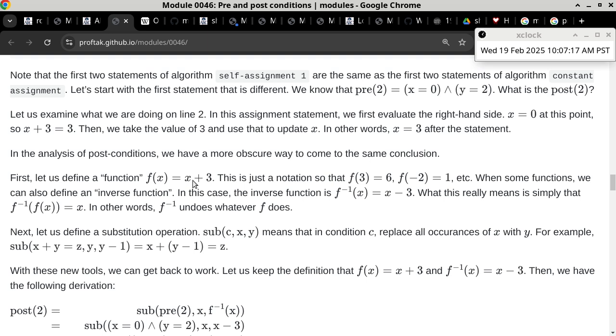All right. So now, the next question is exactly how is an inverse function defined? The way we define an inverse function is we need the application of the inverse function to the function f of x to go back to x. That is the property of an inverse function, a function and its inverse.